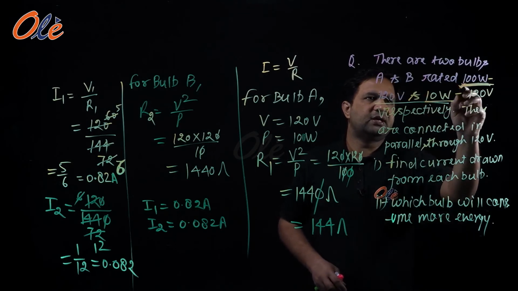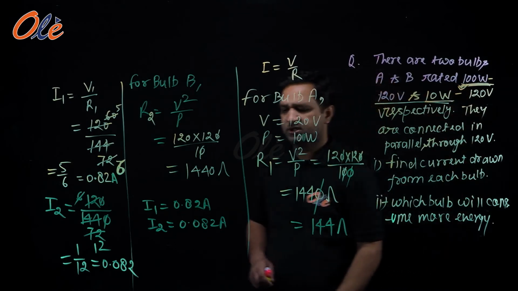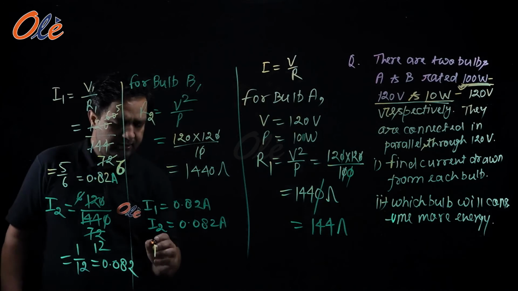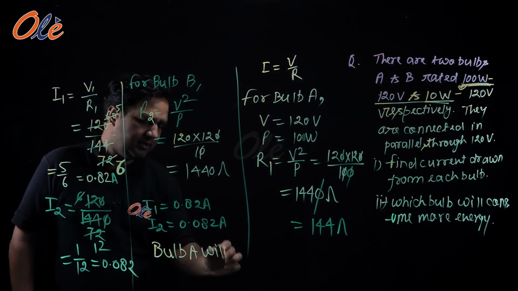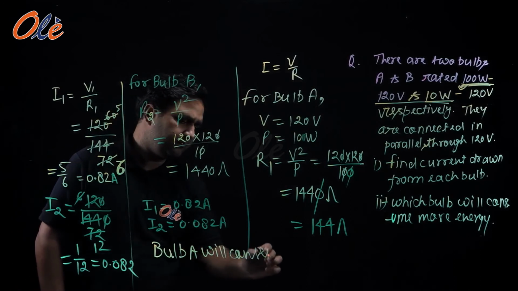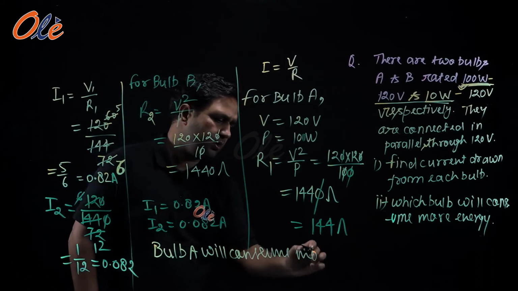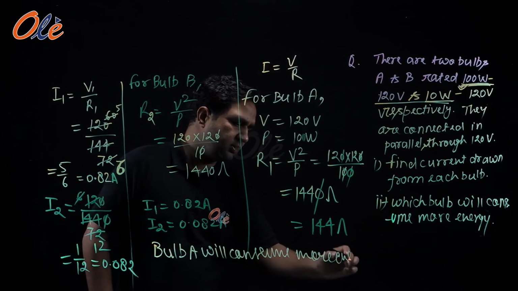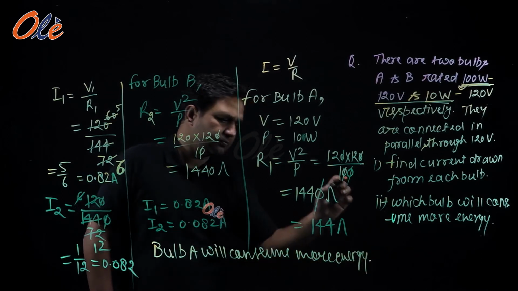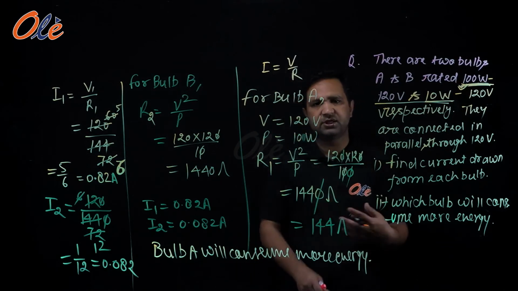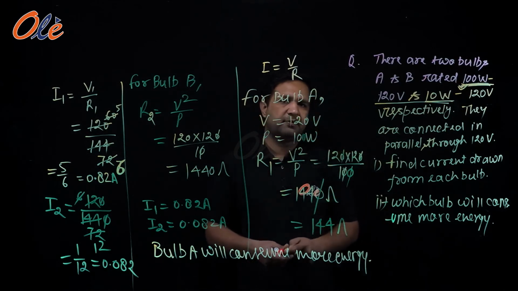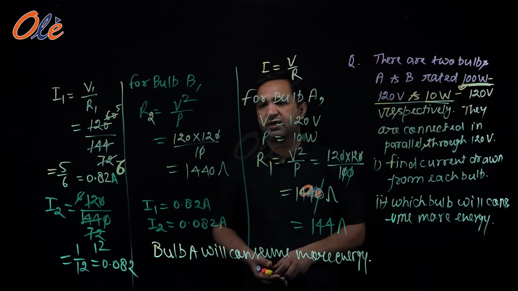So definitely bulb A will consume more energy. ओके, क्योंकि ज्यादा पावर का है इसलिए ज्यादा एनर्जी कंज्यूम करेगा. जितनी ज्यादा पावर का होगा उतना ज्यादा एनर्जी कंज्यूम करेगा.